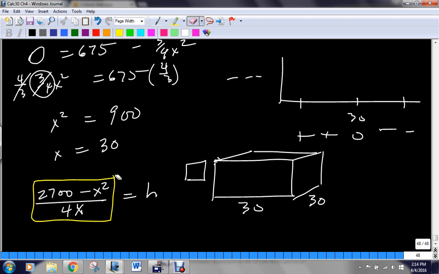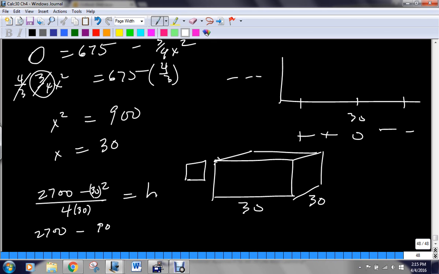So our h is going to equal, if I plug 30 in for each of these x's. Okay? So this is 2700 minus 900 all over 120 equals h. So what's that? 1800. Sorry?